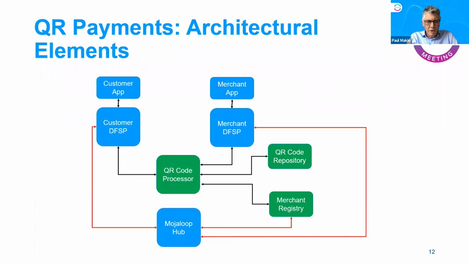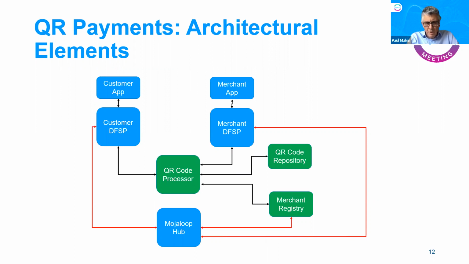Okay, so for a QR payment, these are some of the architectural elements. The blue boxes are essentially what we have already, more or less, and we're talking really a smartphone environment for QR codes, as you'd expect. There are 3 elements here that we don't really have, which need to be developed for a fully fledged QR code ecosystem.